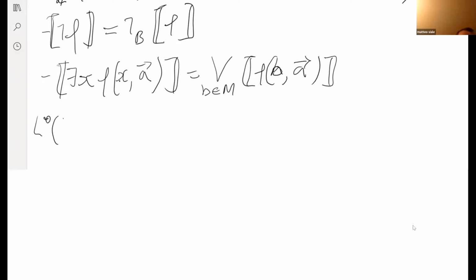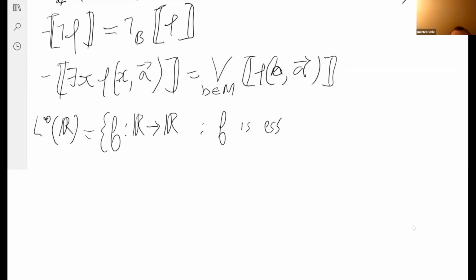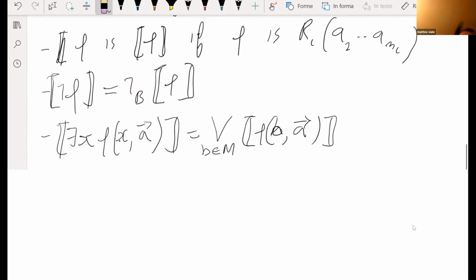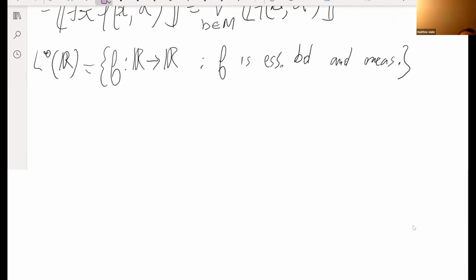L infinity of R. What is this? Well, this is very well known. It's the functions from R to R such that f is essentially bounded and measurable according to Lebesgue measure. And what is the Boolean algebra? Here I have to declare the Boolean algebra.